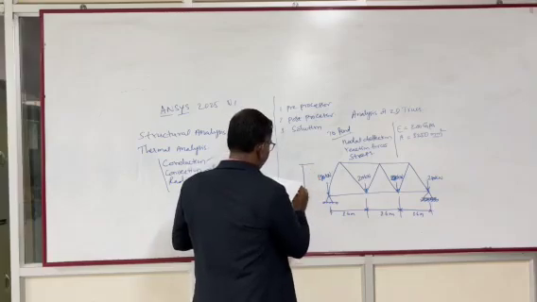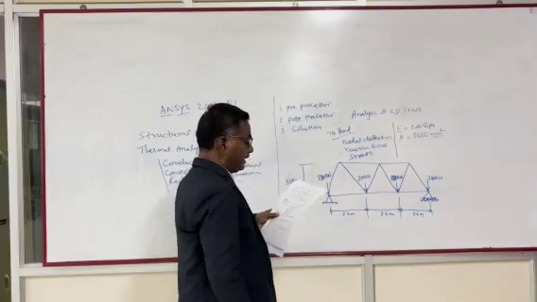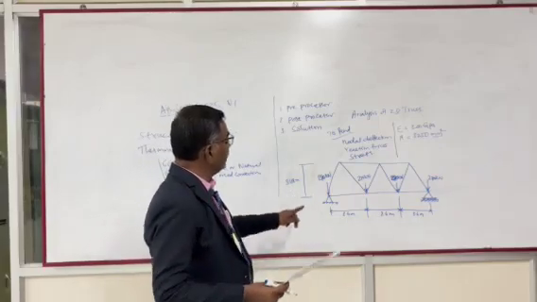The height is given as 3.118 meter, and the distance between the nodes.